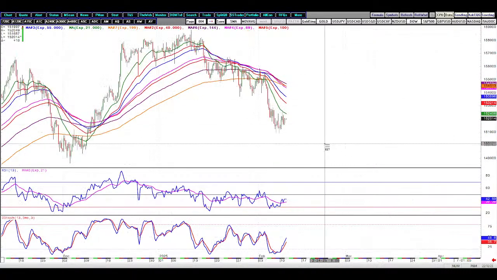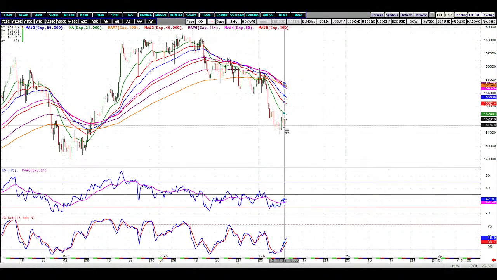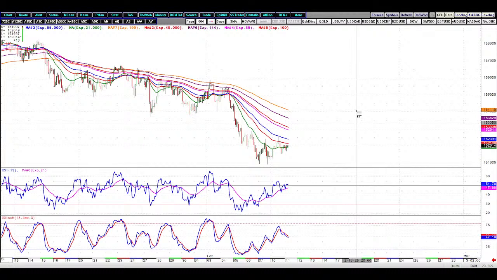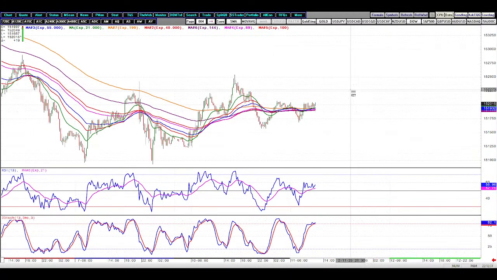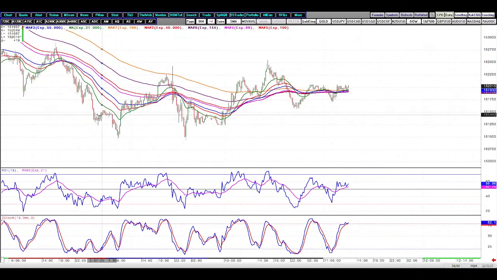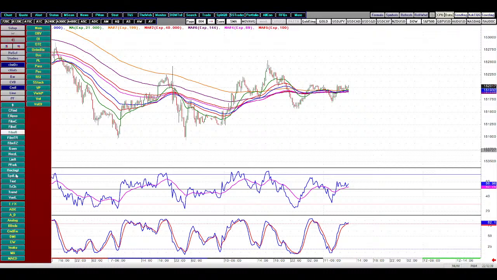When we look into our 6-hour chart, this is also in a very tight range, so I'm very mixed on this. Overall, I think this is within this channel.